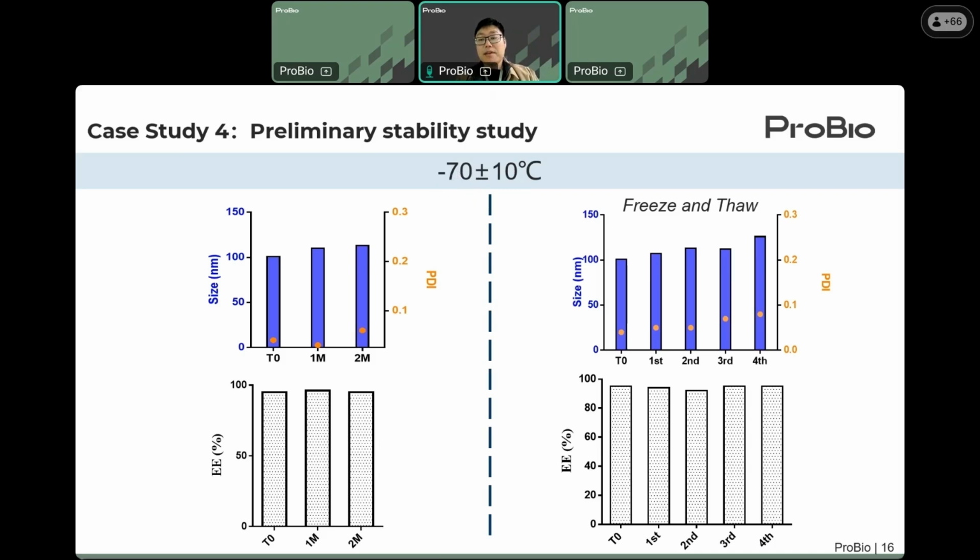Because if you have a liquid suspension during the shipment, we don't know if the shaking and the shear force are going to affect the tLNP. We still don't know yet. And for freeze and thaw cycles, I think we can handle at least 3 times. I think that's quite enough for most of your in vitro and in vivo studies.